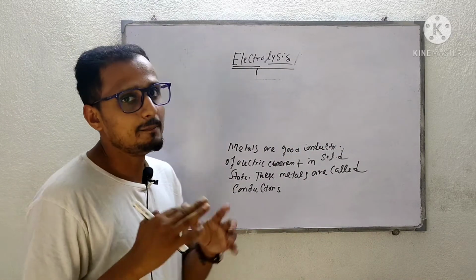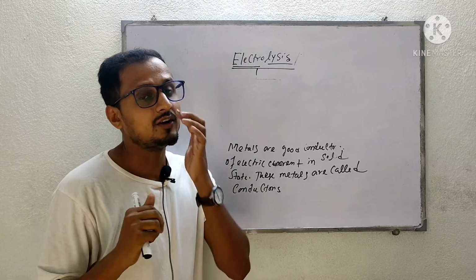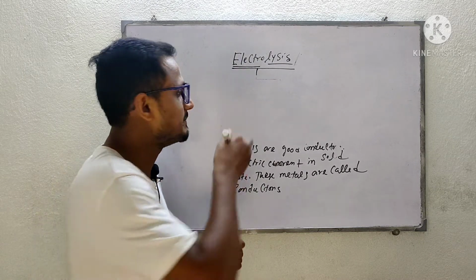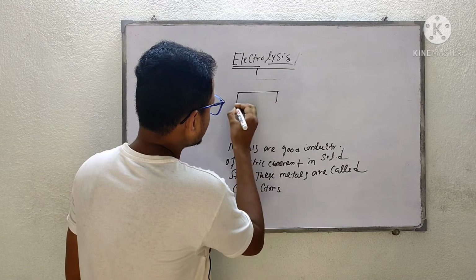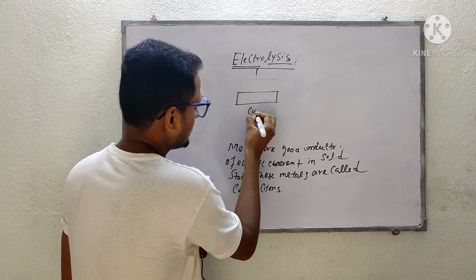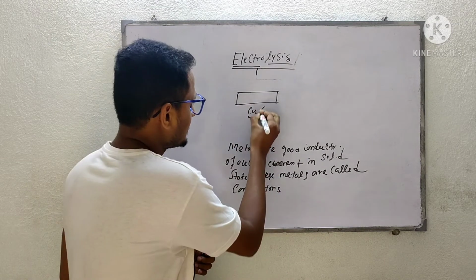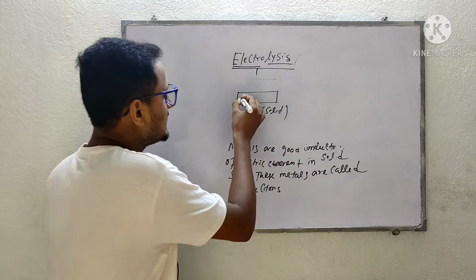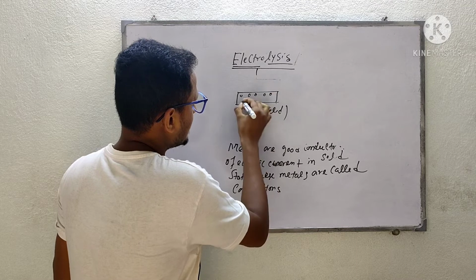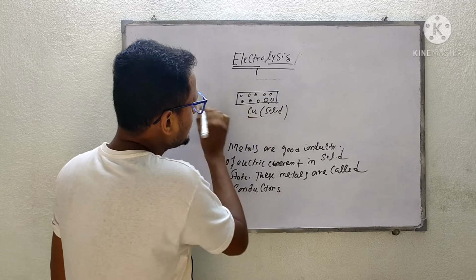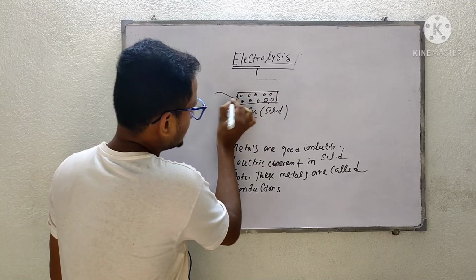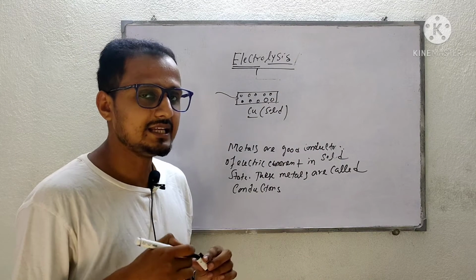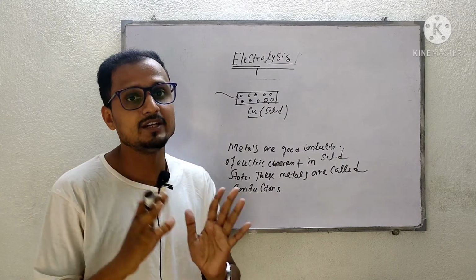They conduct electricity by the movement of free electrons. Say you take copper. Copper is a metal in solid state, so it has free electrons. When you pass electric current over this copper, it will conduct electricity by the movement of the electrons.